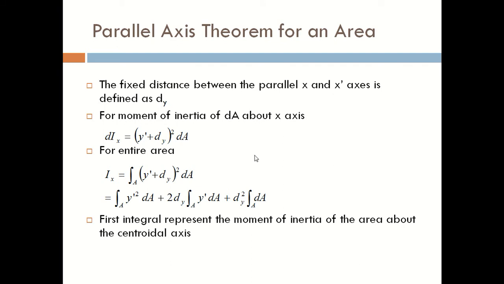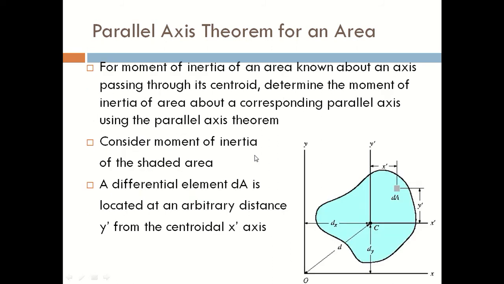So here we need to find out the moment of inertia of this elemental area about the x-axis and the y-axis. For that we have considered the two axes which are passing through the centroid of this lamina. So this is x dash and y dash.